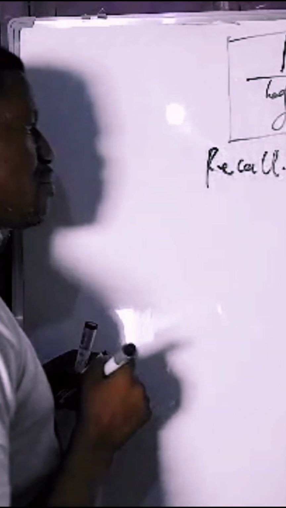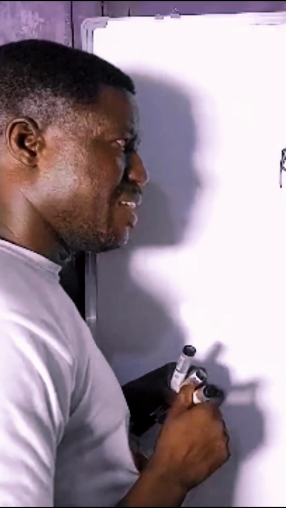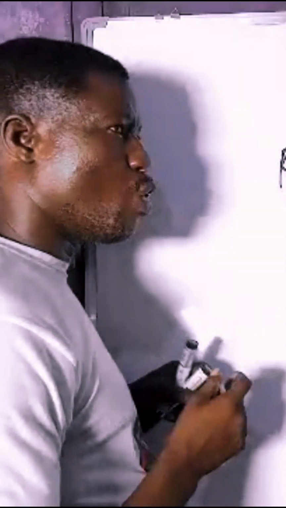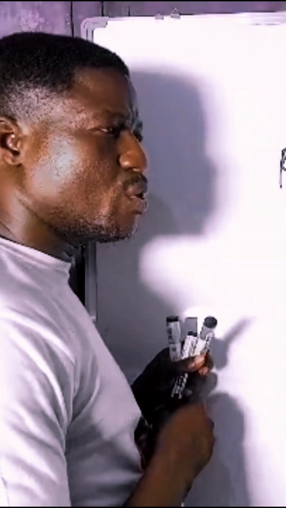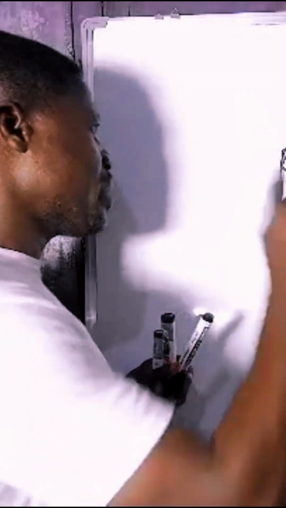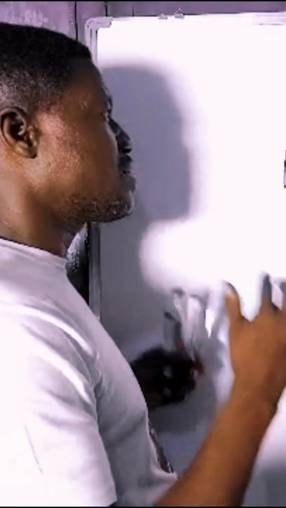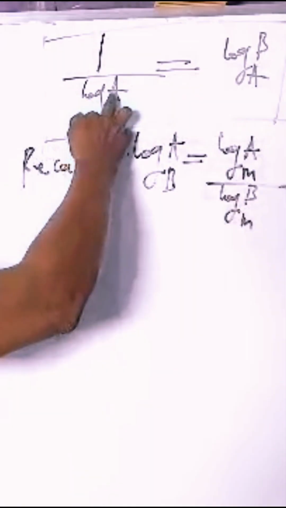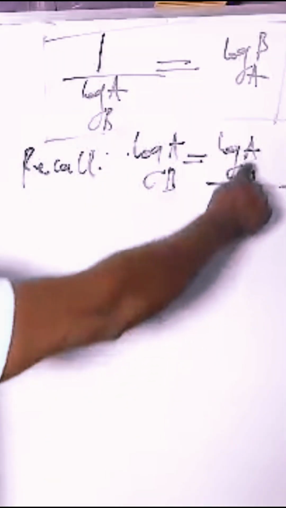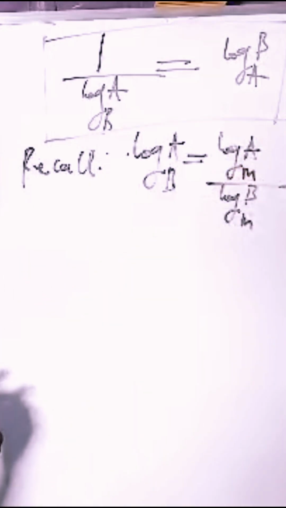Like I said before, I have been able to derive this excellently in part 4 of the derivation of the fourth law of logarithm. So recall that the log of a to base b is as good as log a to base m divided by log b to base m. What does that imply? It implies that wherever I see the log of a to base b, I'm meant to put log a to base m divided by log b to base m.